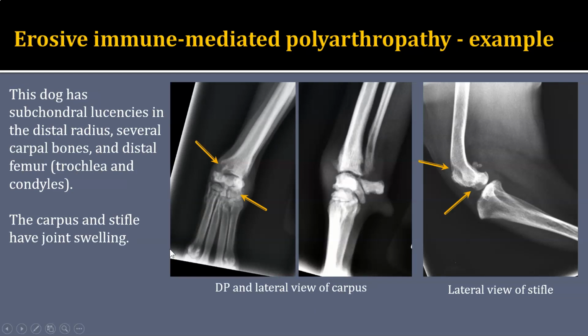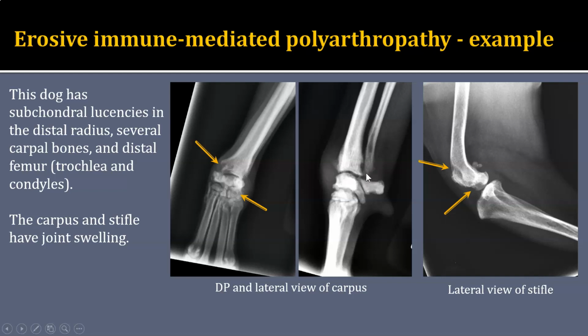This is a different patient that has both the carpus and the stifle involved. On the carpus, I have orthogonal views. We can see quite a bit of soft tissue swelling. In the distal radius, there are some subchondral lucencies. Some of those lucencies are also within the carpal bones, the proximal and the distal row. This patient also has a little bit of periarticular periosteal reaction. That's probably some enthesopathy.